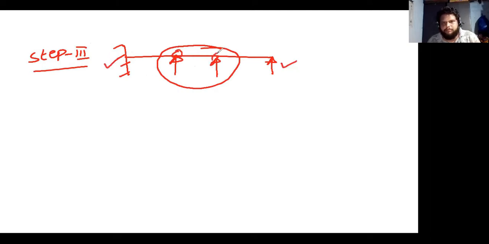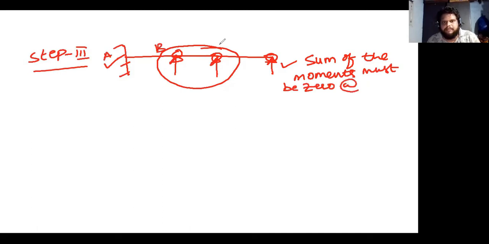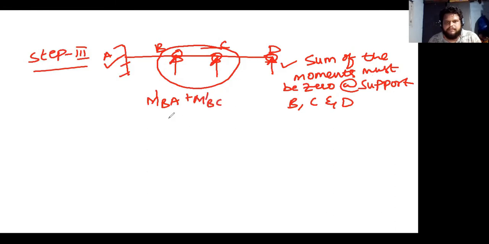So at support B and support C, and also at support D, the sum of moments must be equal to 0, at supports B, C and D. Now at support B, the equilibrium equation is M dash BA plus M dash BC should be equal to 0.